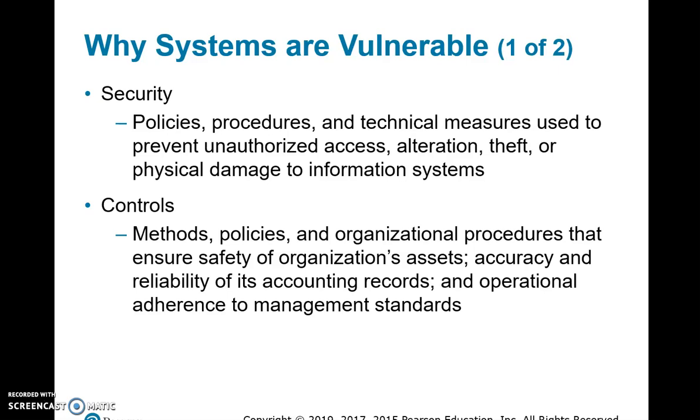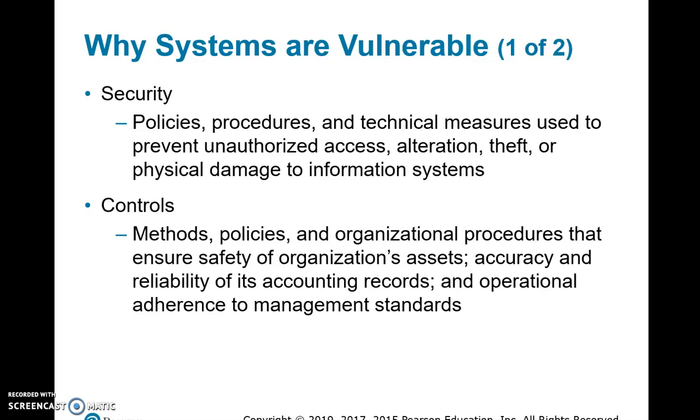There are controls that companies put in place to provide security. They want to make sure that the computers and the information and the data are all secure. And the controls basically consist of various methods, certain policies that the companies enforce, and many organizational procedures that the companies ask their employees to follow.